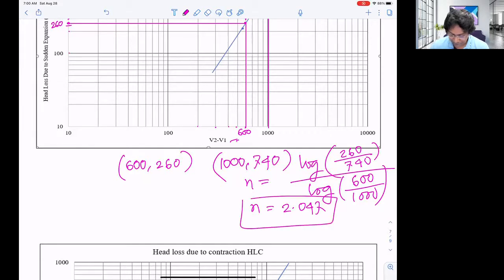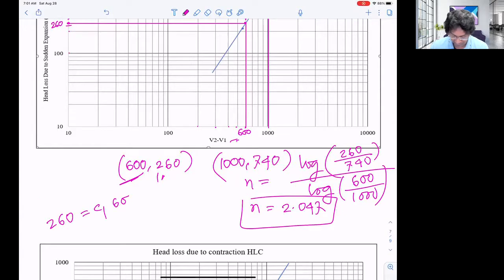2.047. That's okay, and we can use this point to calculate, because we know that HLC is equal to C1 V2 to the power n. So for this case n is 2.047. If we use this point, oh, this is not that, it is the HLE formula.